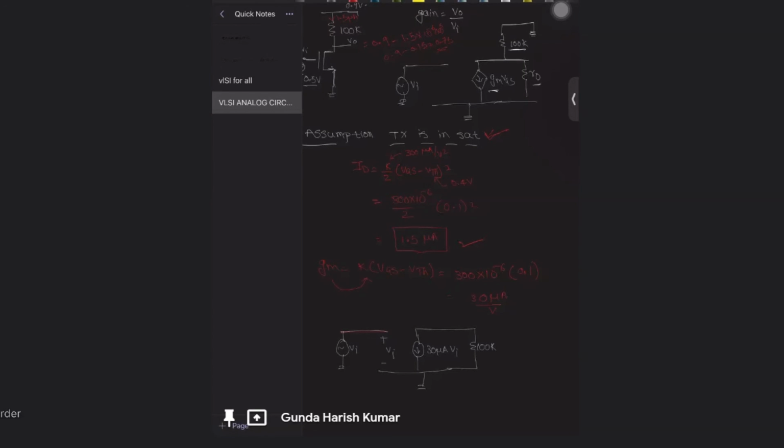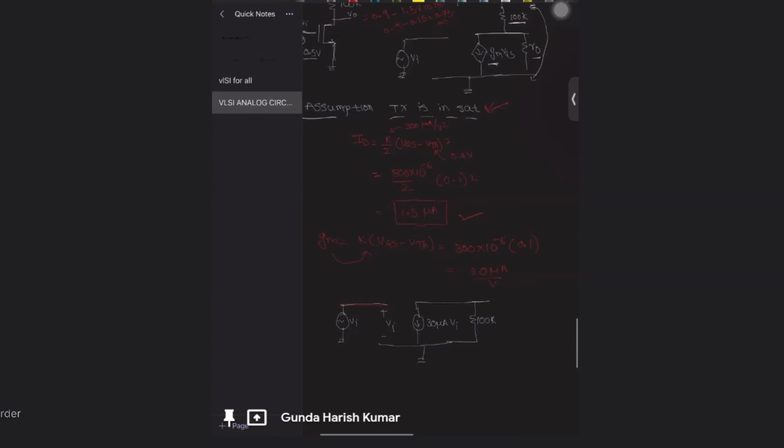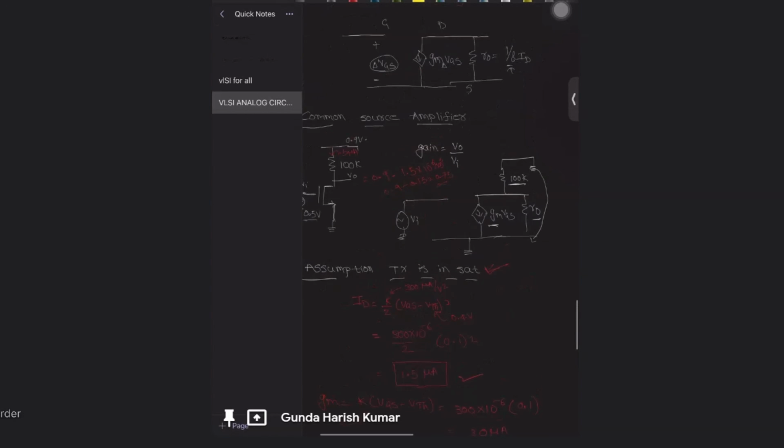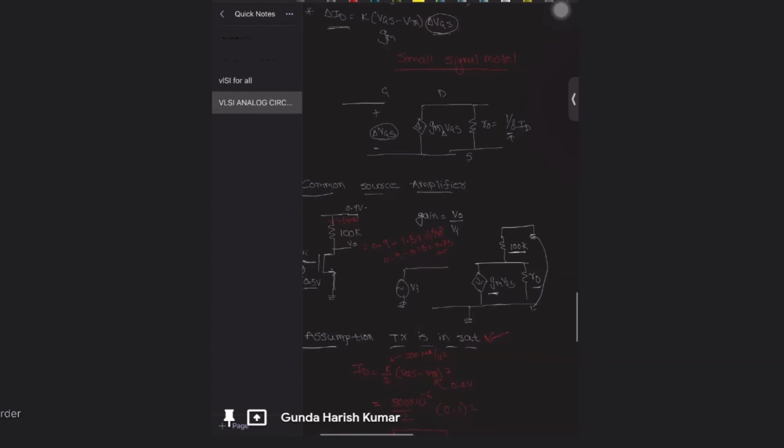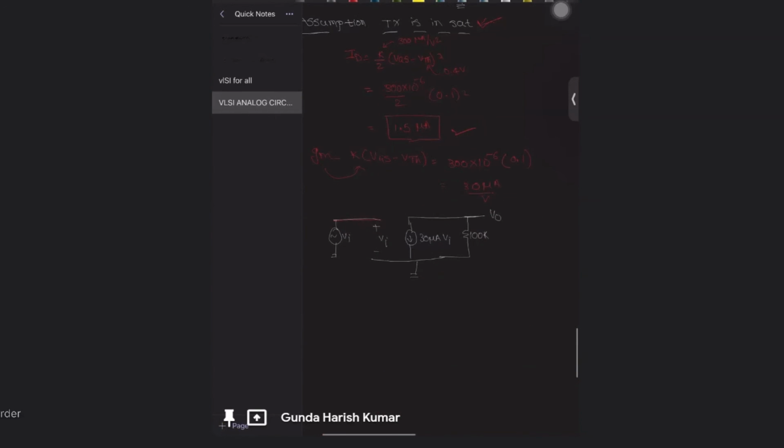And we have R0 in parallel with 100K, which we replace with 100K because R0 will be very high. So 100K in parallel with R0 is 100K only. This ground is shorted. The drain is V0. This is the drain, this is the gate, this is the source.